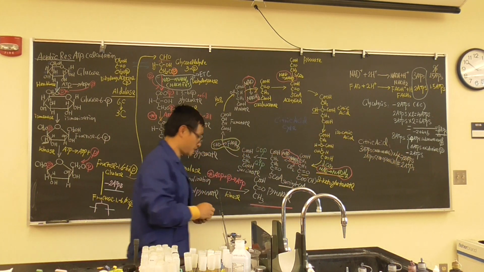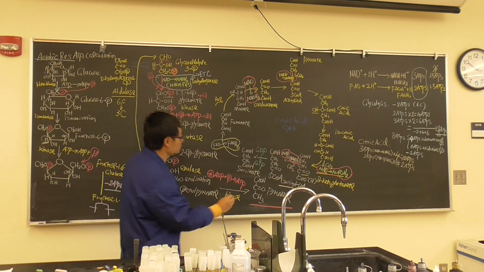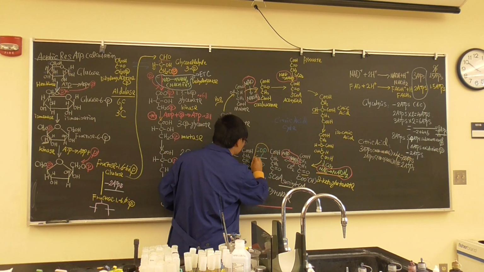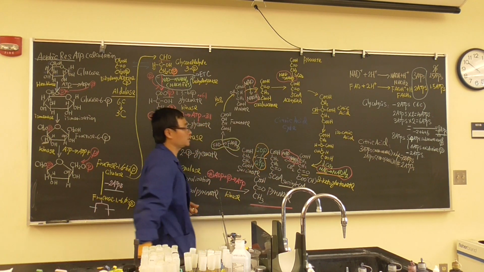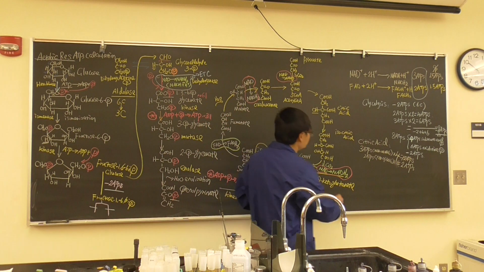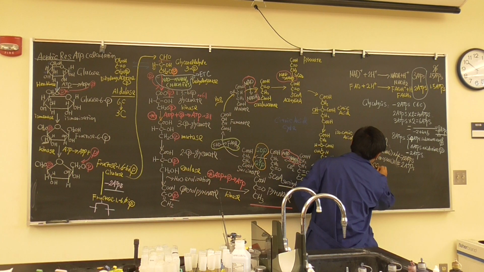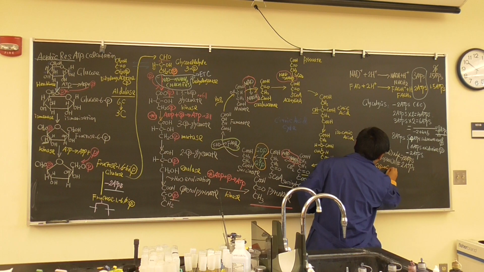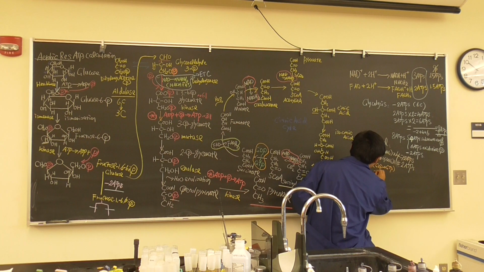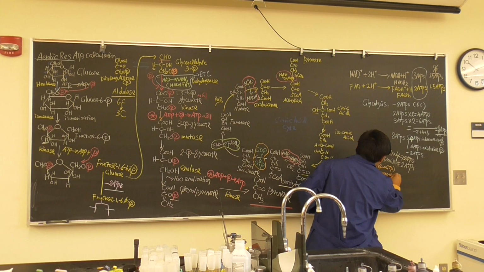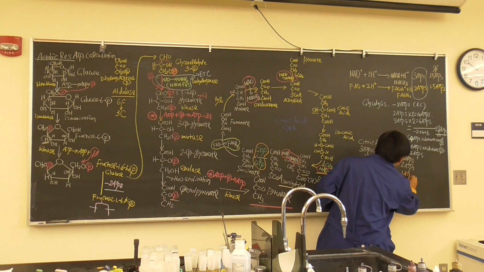And do not forget the last thing. There is one substrate level phosphorylation that happens here. So there is 1 ATP generated, which is actually GDP becoming GTP, and this is substrate level phosphorylation. That is 1 ATP.